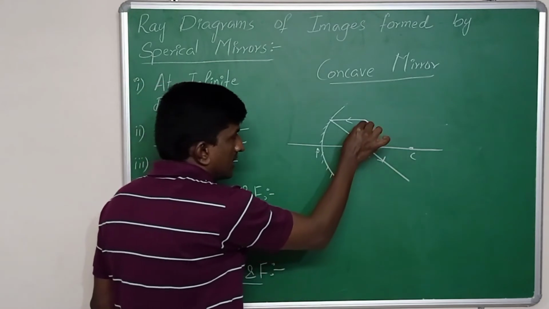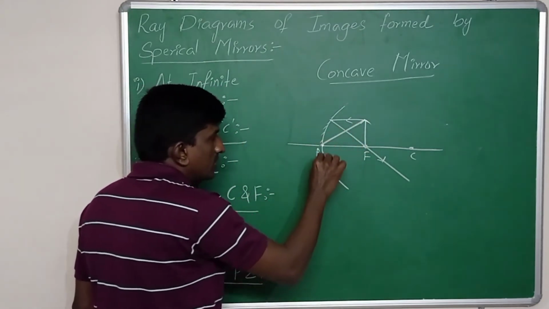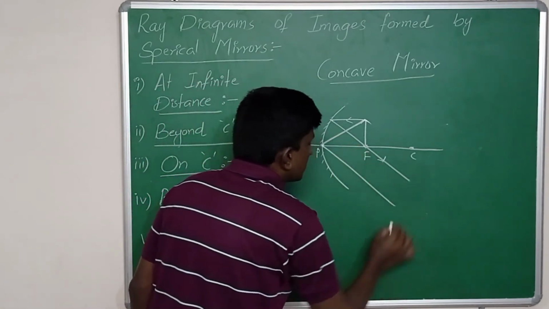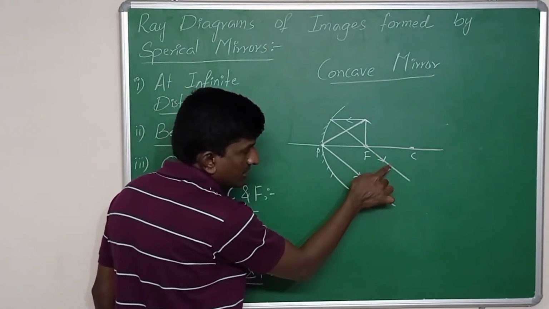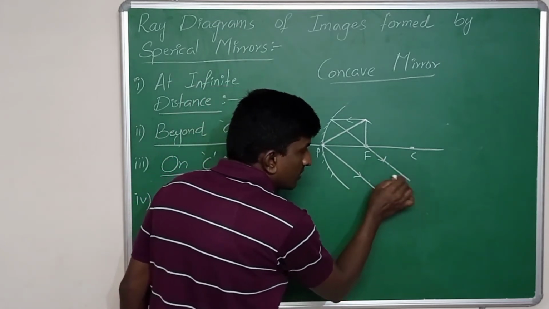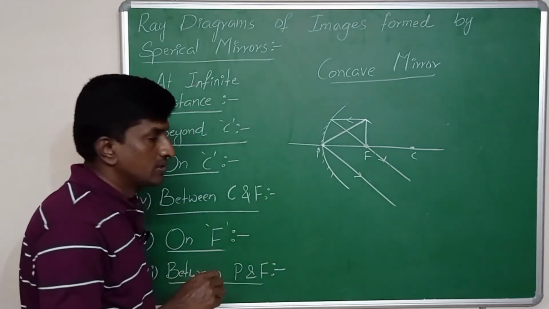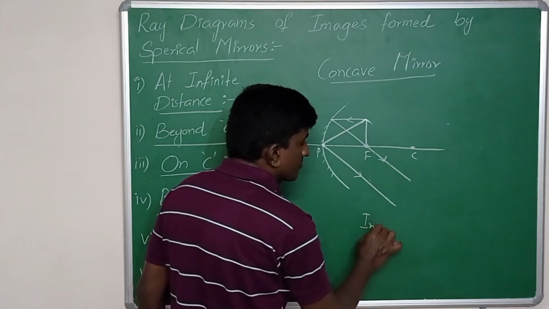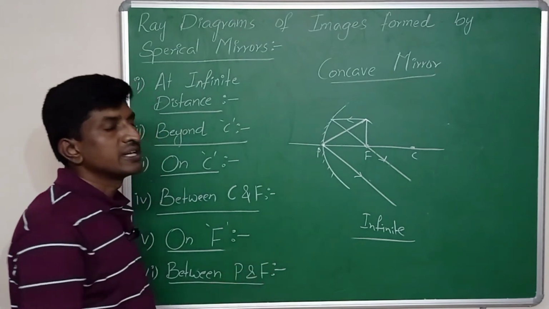focal point, and I am taking the next light ray which is incident at the pole with the same angle, it gets reflected. Then we can observe these two reflected light rays are parallel. Whenever two light rays are parallel to each other, they don't intersect. So the image is formed at infinite distance.